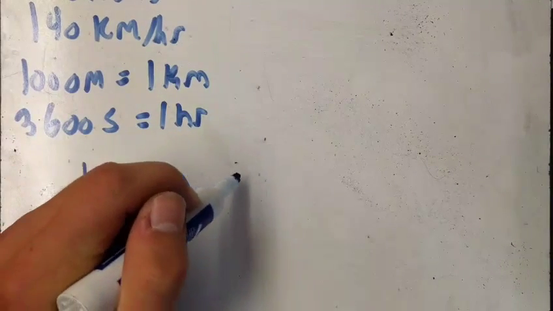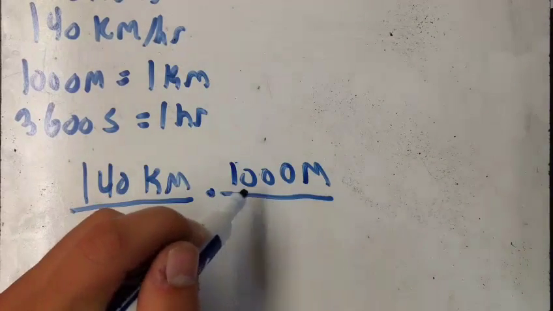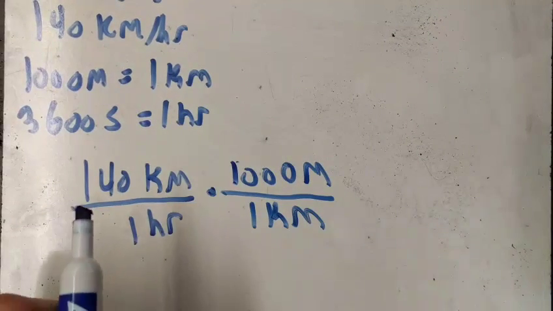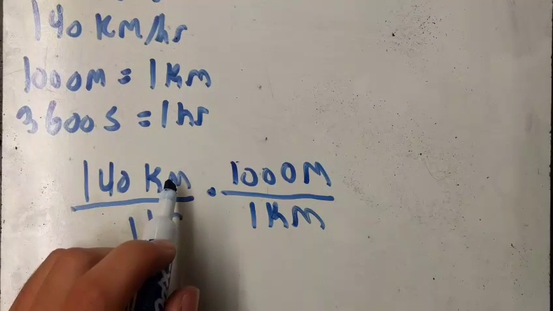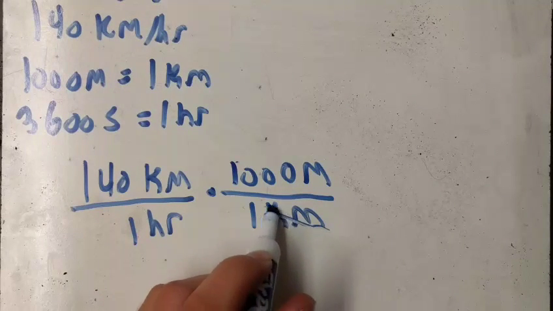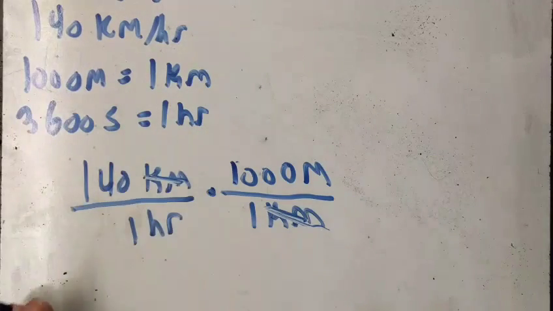So it's going to look like this: 1,000 meters per 1 kilometer. As we can see here, we have kilometers in the top and kilometers in the bottom. So that means we can cross these out and not have to worry about them anymore.